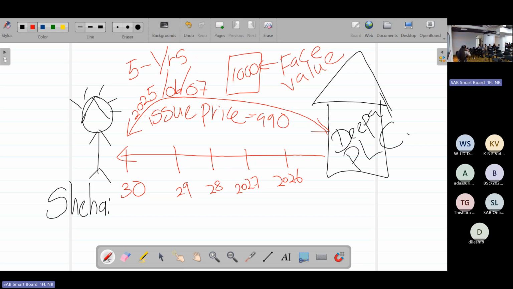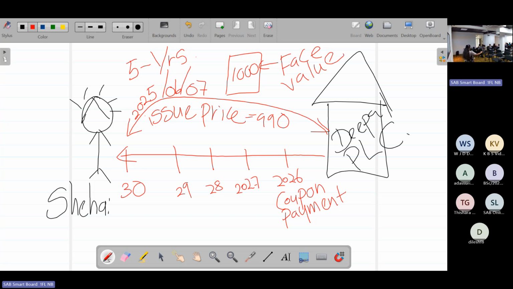2026. Now the company is starting the payment of interest. How much is the interest? Or else how much is the coupon now? Coupon payment.